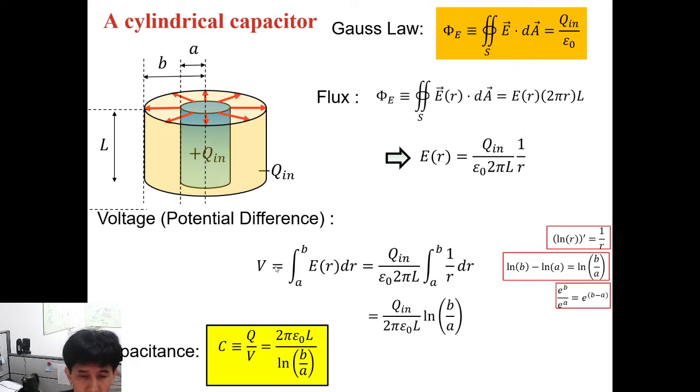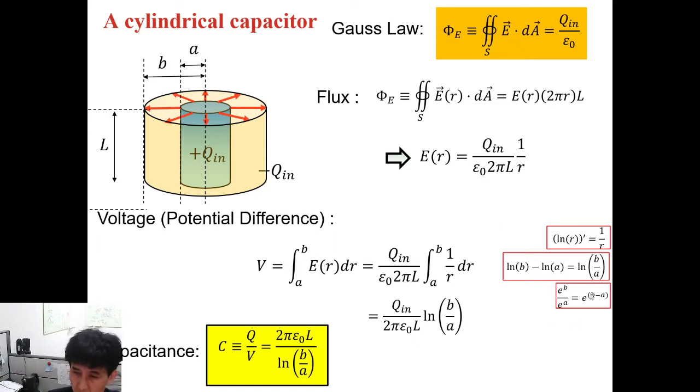and the voltage across these two plates is the integral of the electric field with respect to R. So that is 1 over R dr. So we have Q divided by 2 pi epsilon 0 L, times the natural log of B over A, where B is larger than A, as indicated in this diagram.